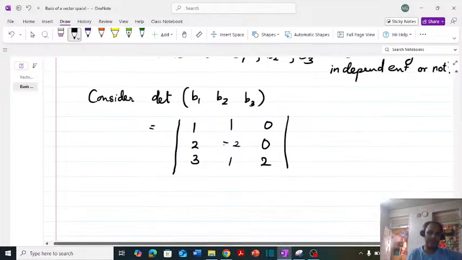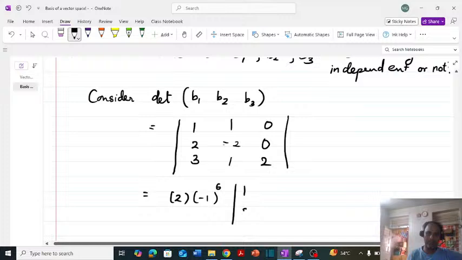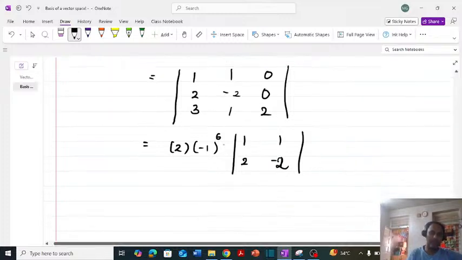The answer is going to be 2 times (-1) to the power 3 plus 3, which is 6, times the determinant of 1, 2, 1, -2.